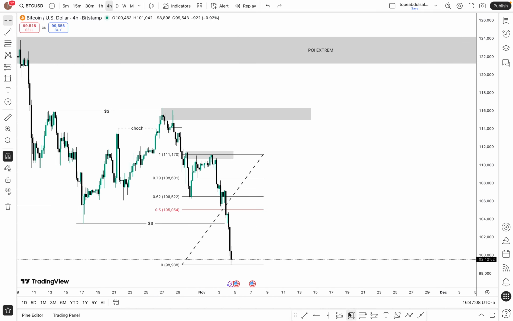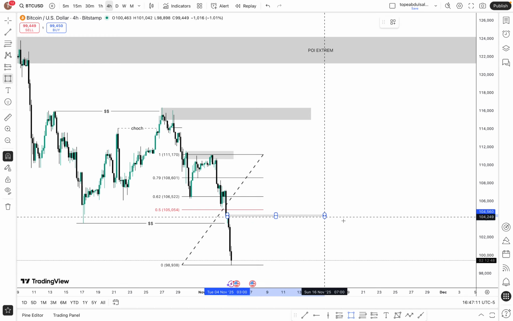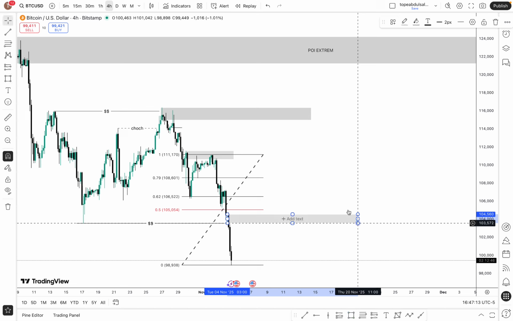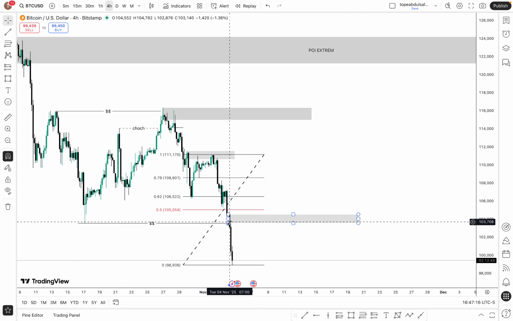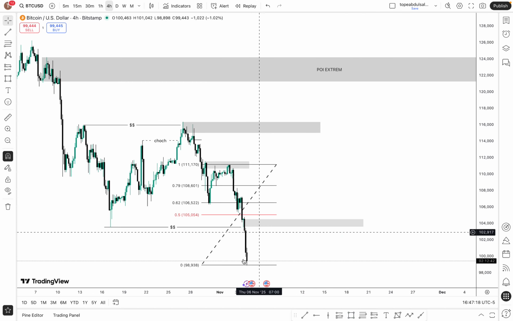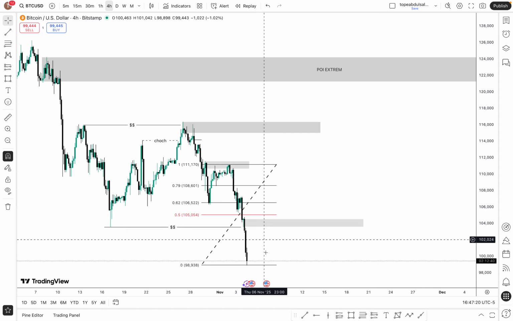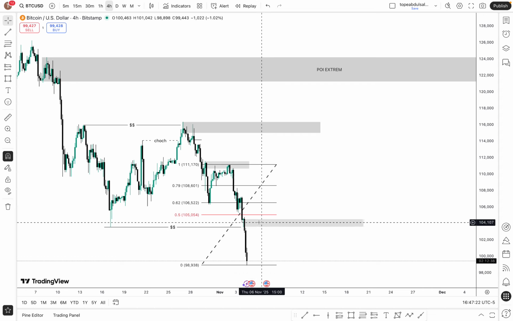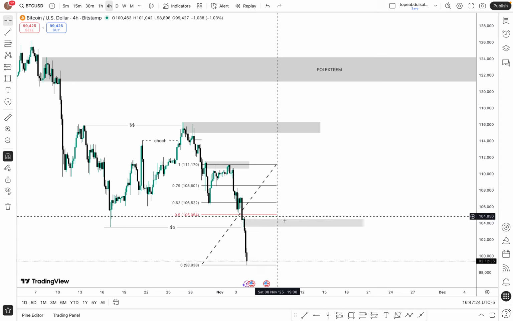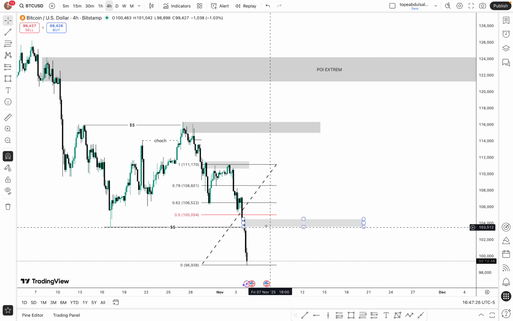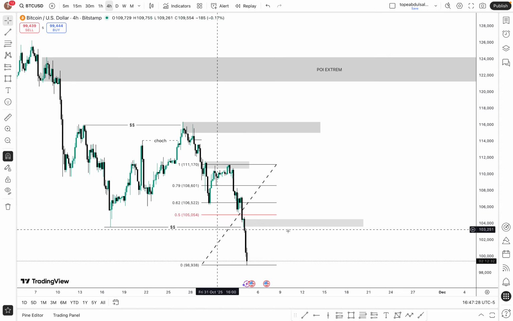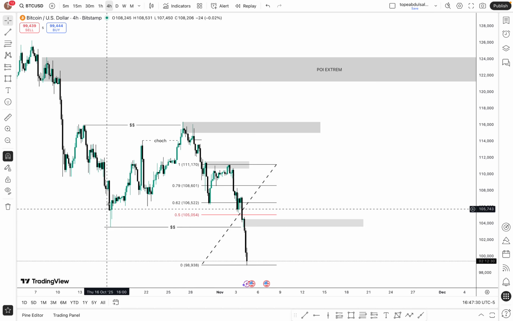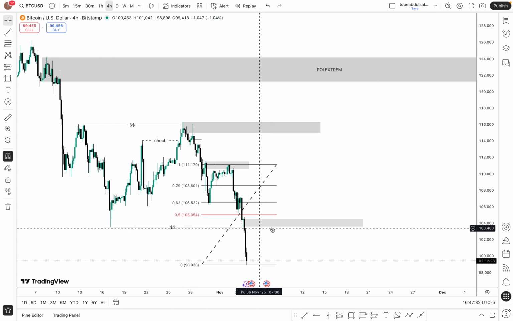So on BTC, what I'm looking for is I have this right here. I have this 4-hour order block right here, and this is where I'm looking for price to come back to for us to continue selling. If price is still bearish, I'm not looking for price to break this zone right here, because this is also an order block, and we are inside here.